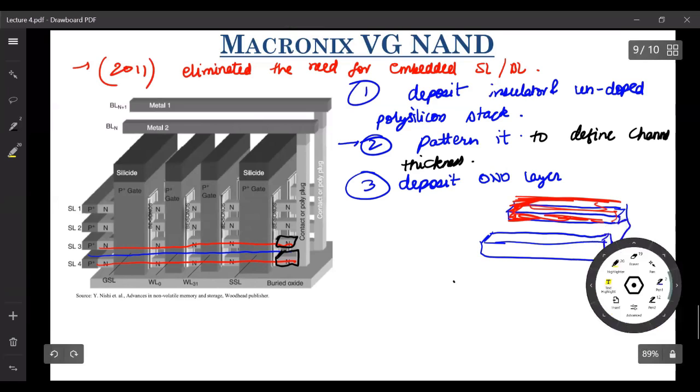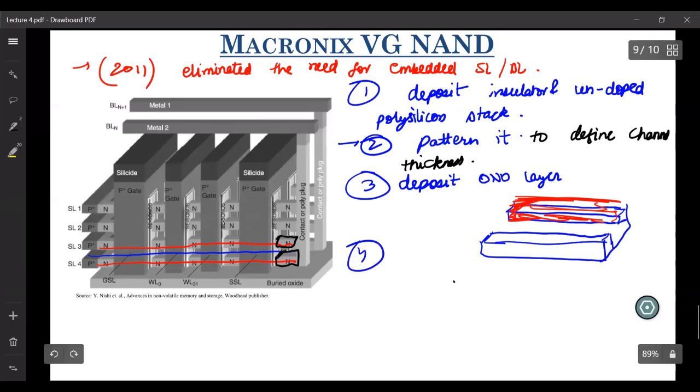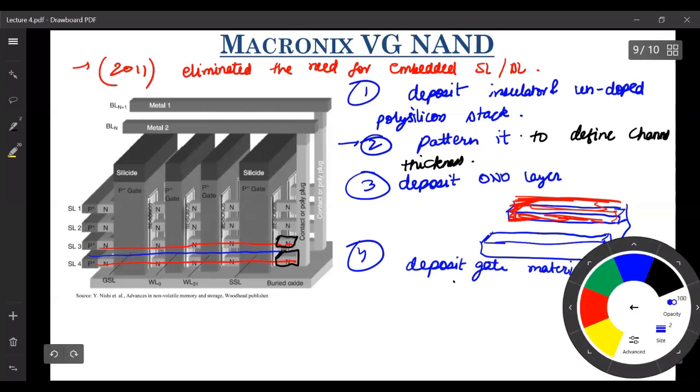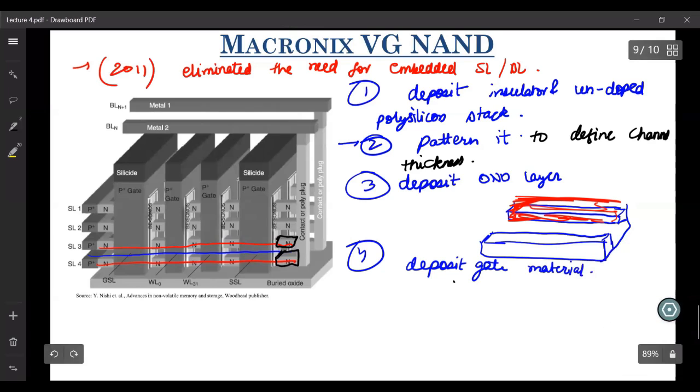And then the fourth step is they deposit the gates, the gate material. And what will this gate material do? It will fill all this space which is left. The gate material will fill this space, and it will be on top of this as well.